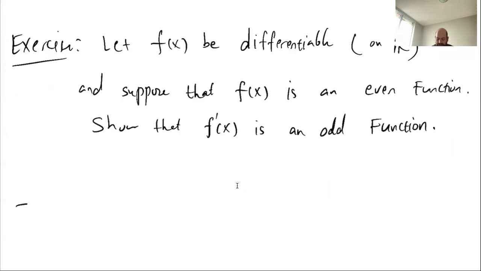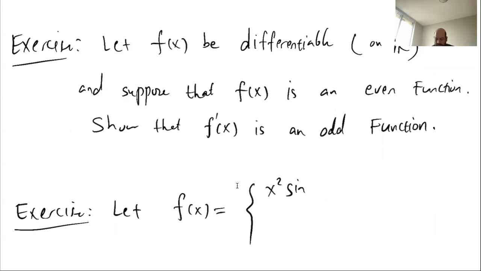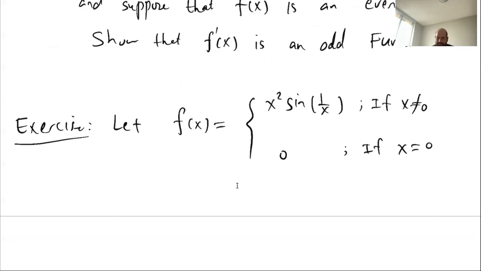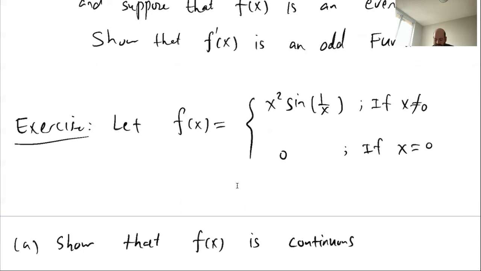Okay, and then the next exercise. Let f of x equals x squared times sine 1 over x if x not equal to 0, and 0 if x equals 0. Part A, show that f of x is continuous at x equals 0.